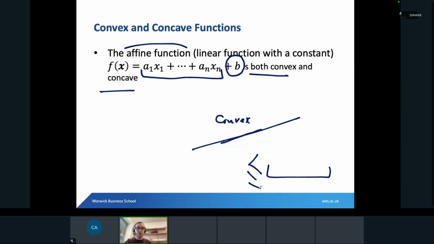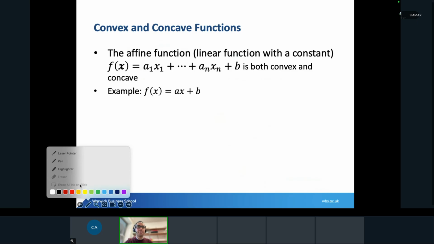For the definition of a concave function, it is the reverse inequality, also with equality. So in both of them, we have equality, so we have to consider equality as well. As the line is on the function, it becomes both convex and concave.